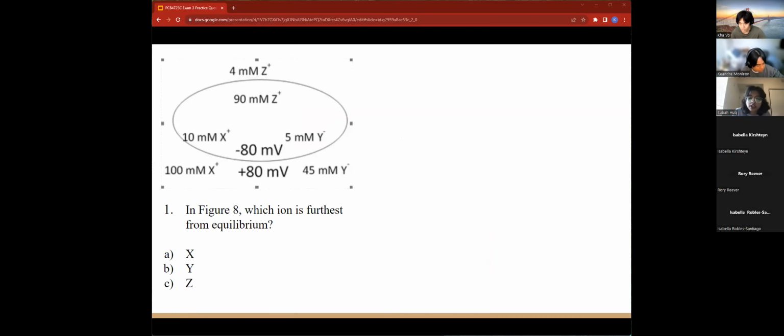Question one is asking which ion is furthest from equilibrium. We're going to have you try this out first and give you a few minutes to answer this before we go over how to do it. You can start working on question one.